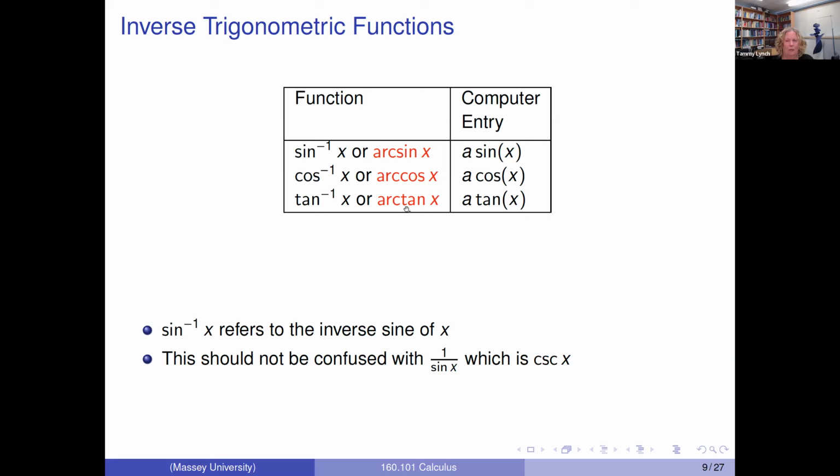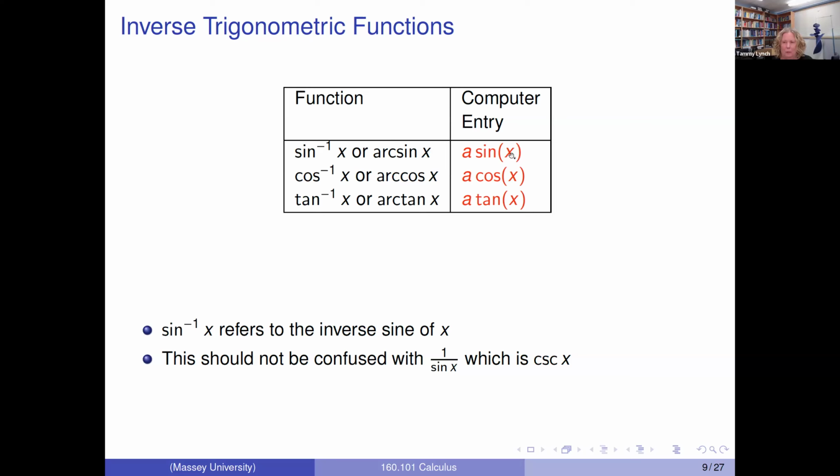These also mean the inverse sine, the inverse cosine, and the inverse tangent. So on paper or in a textbook, you might see either one of these two used, but when you're typing it into your computer for your quizzes, what your computer understands is asin is the arc sine. What is it of?